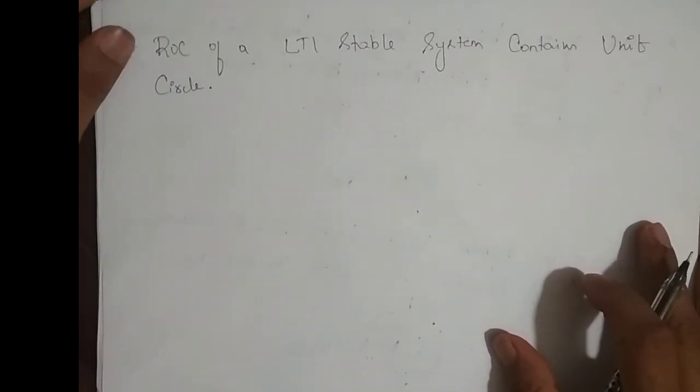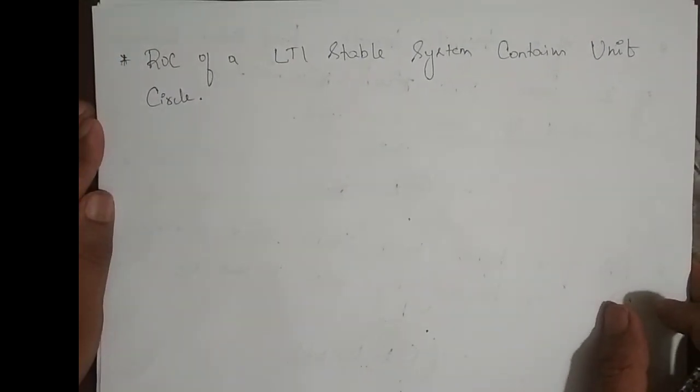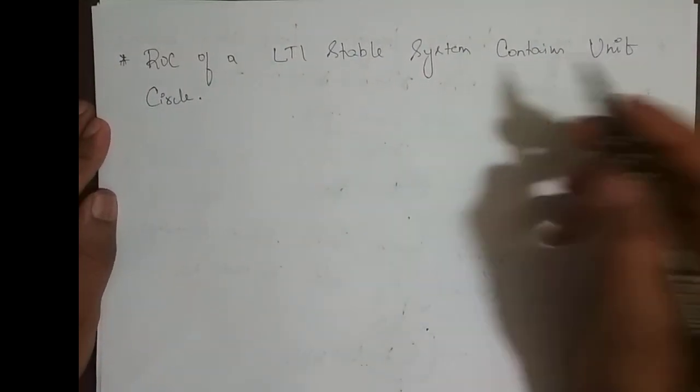And the last property is the ROC of an LTI stable system contains the unit circle.